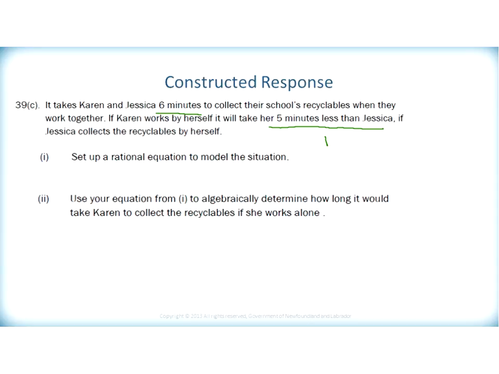So we have Karen, we have Jessica, and then they can do it together. Together it takes them 6 minutes. If Karen works by herself, it's 5 minutes less than Jessica. So if Jessica is x, Karen is x subtract 5.